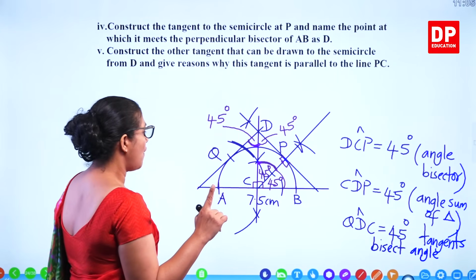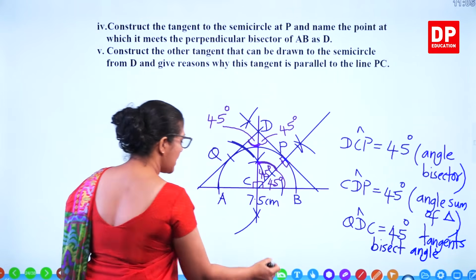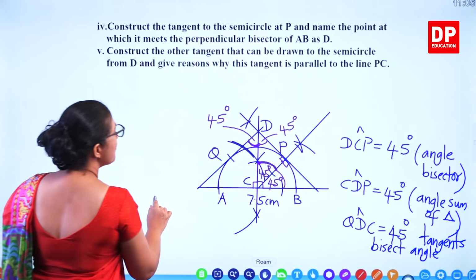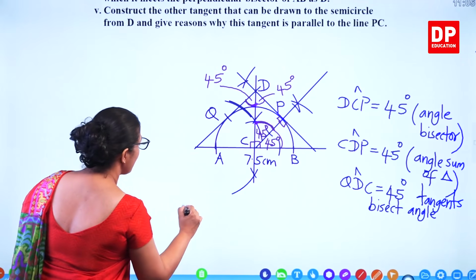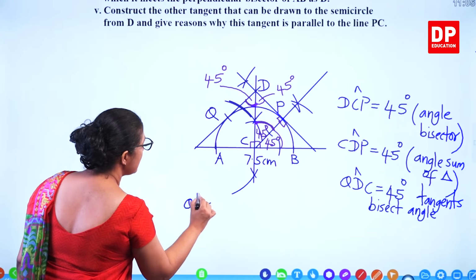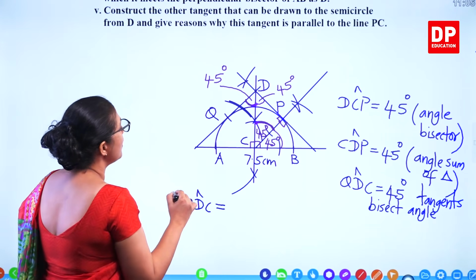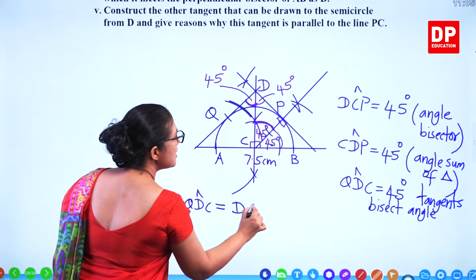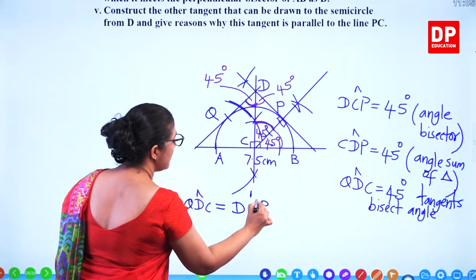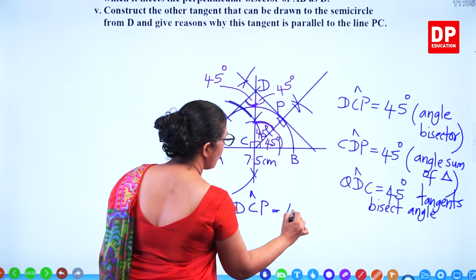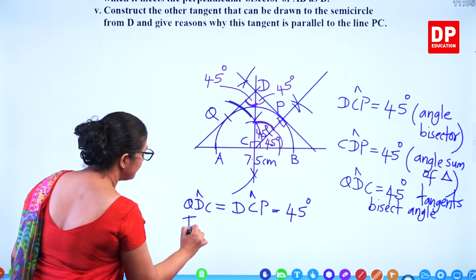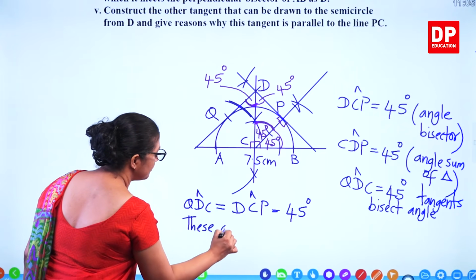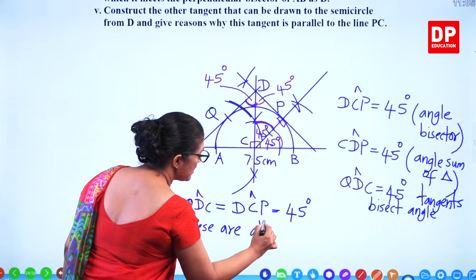So that's 45. So we can say QDC angle is equal to DCP angle, 45. These are alternate angles.